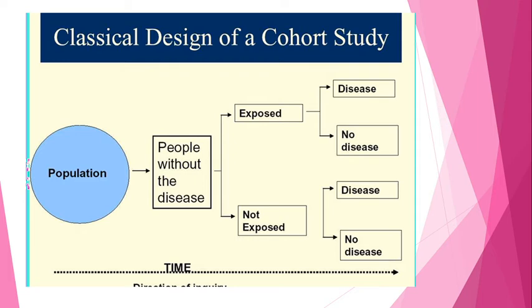You can see that this is a very classical design of a cohort study. These are the people without the disease, some exposed, some not exposed. After exposure, either they have the disease or there is no disease, and the not exposed also either have disease or no disease. So you can see exactly this is a mirror image of what we discussed in the case control study.